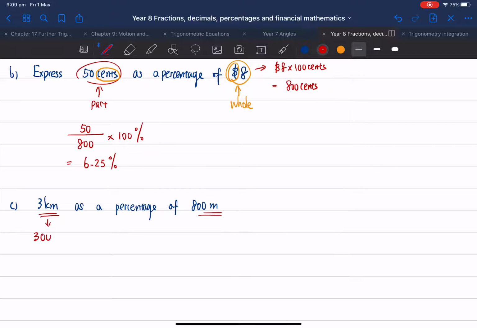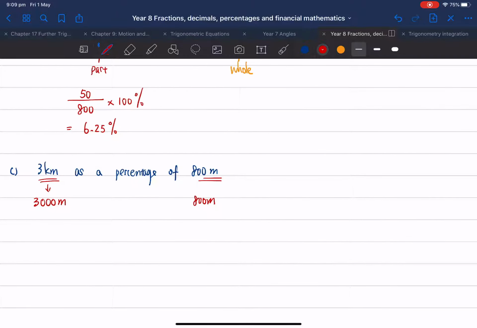So that becomes 3,000 meters. And here's 100 meters. Now, this is the interesting one, all right? Because students sometimes make a mistake because they just think the whole amount is always bigger than the part amount.